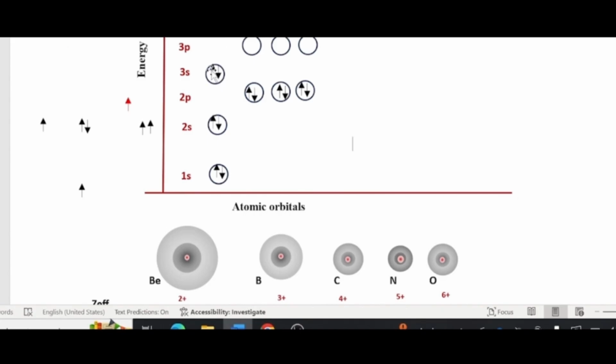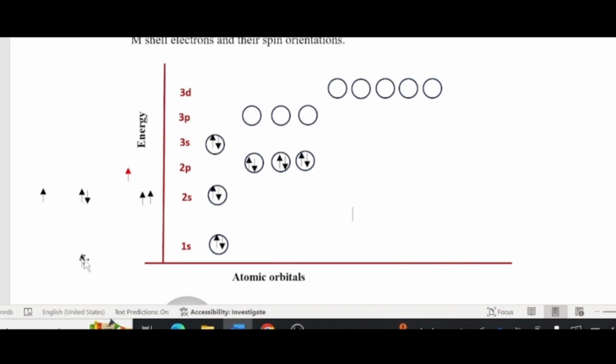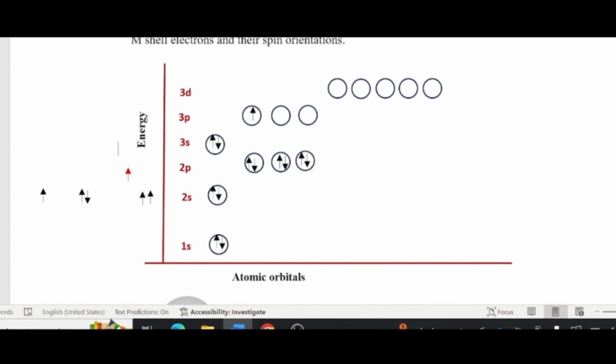And it requires some amount of energy. If I have aluminum, you need another electron, and this electron will be in the 3p orbital. See that? Because it's farther away from the nucleus, it requires less energy than the magnesium electron. And that is why you have all these minor deviations.